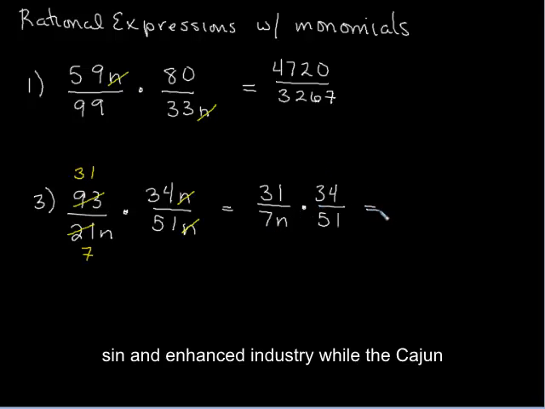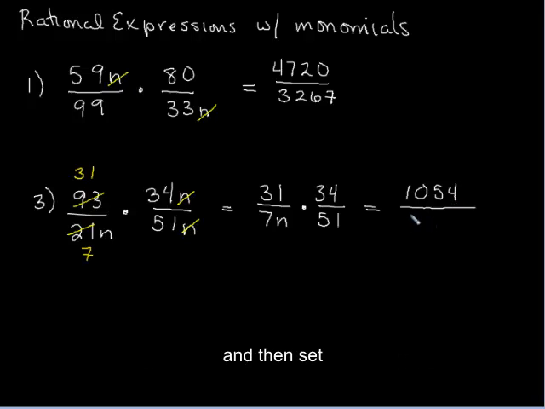So now I'm going to have to do the straight multiplication. And then 7. And then don't forget your N.